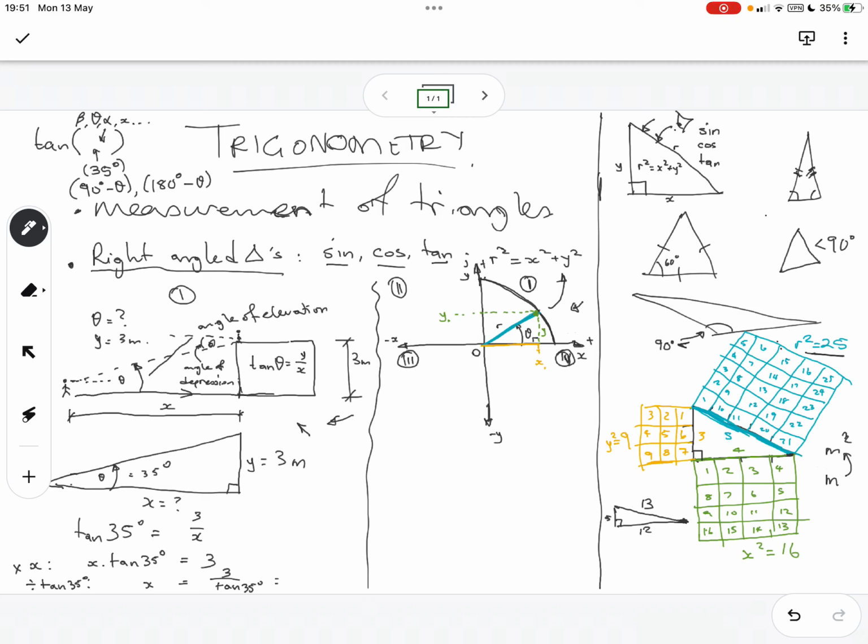Another important thing to note, if we're looking at a right angled triangle, regardless of scenario B or scenario A, let's say we have the floor there.